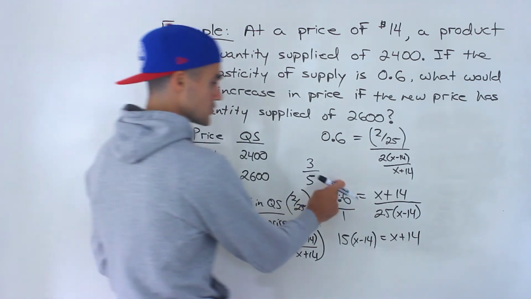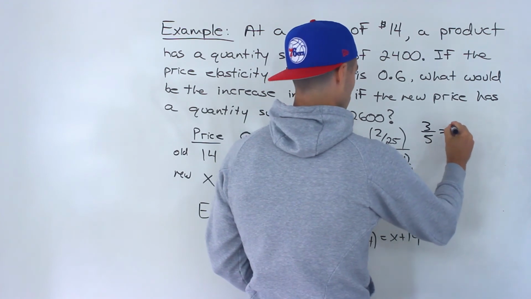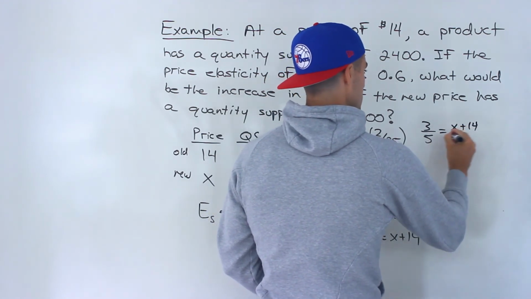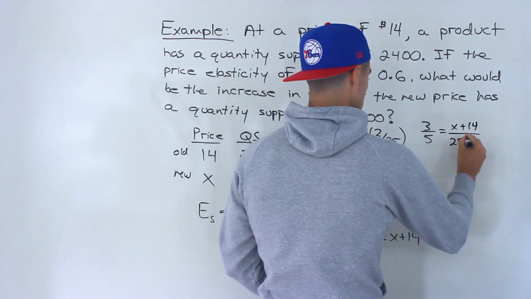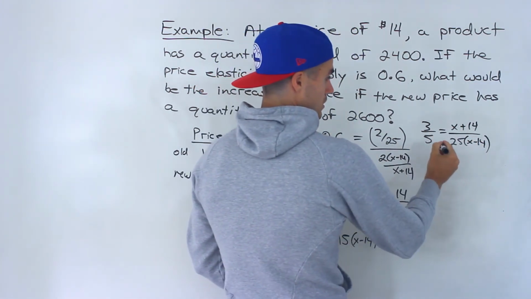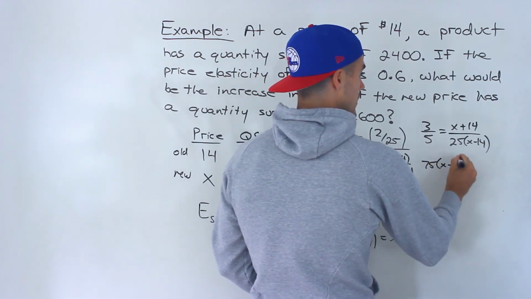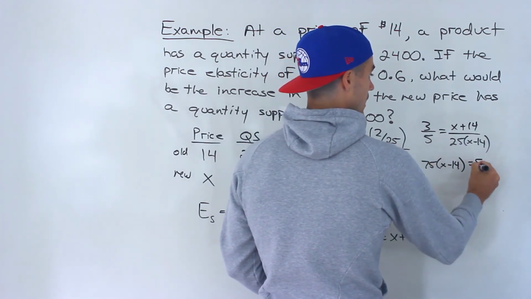If you did it with the fraction way, if you took the 0.6, converted it to 3 over 5, as I said, many ways to do this. What you would do is you would just cross multiply here. So 3 times 25 is 75, x minus 14, and then we'd have 5 times that.